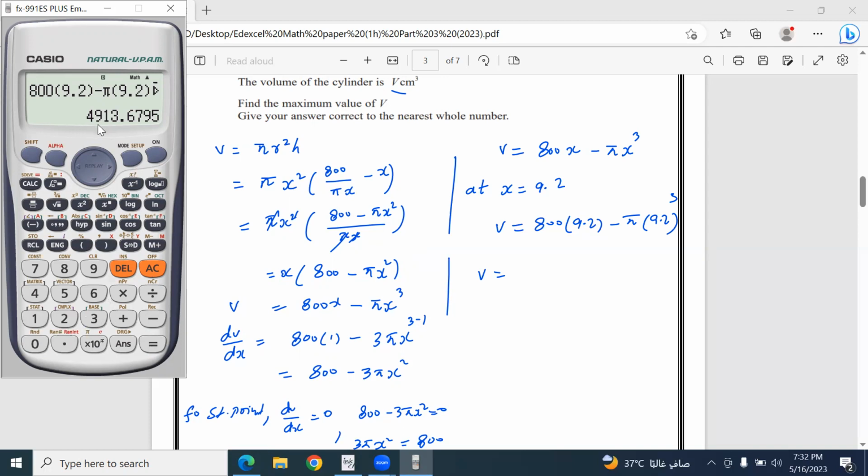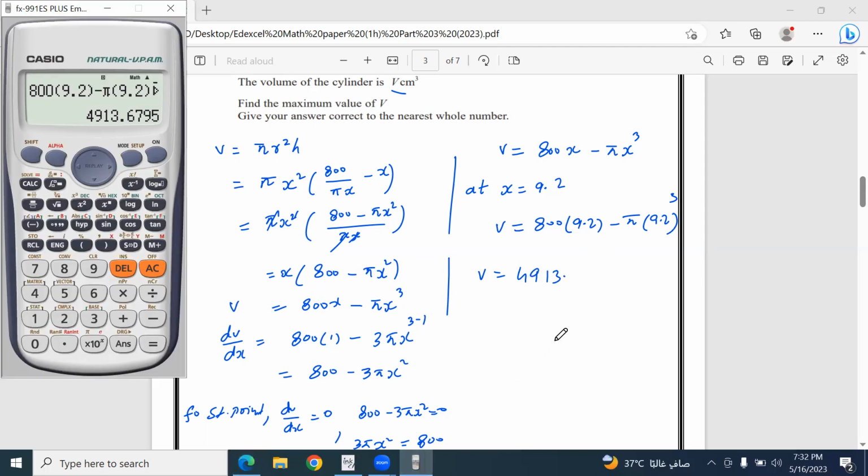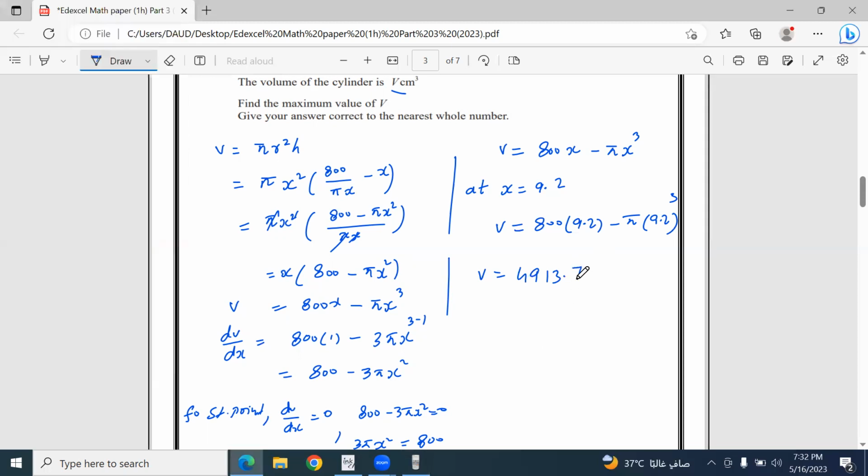Yeah, we get 4,913.67, but they want the answer in whole numbers. So V is equal to 4,914 centimeters cubed. This is the required answer for the volume of the cylinder. I hope you get it. Next one.